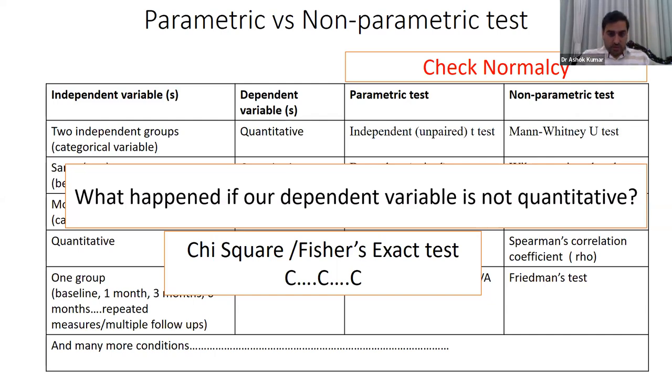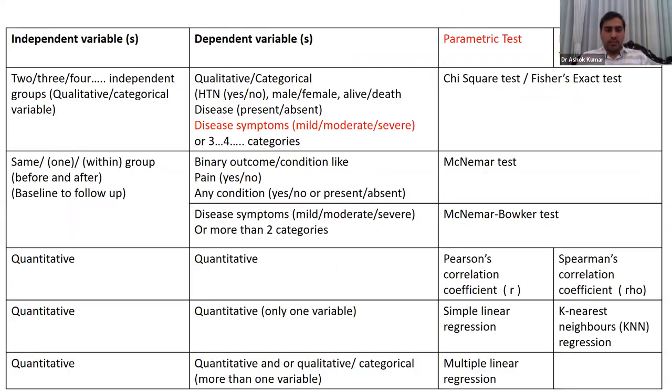Okay, so these are the other scenarios for chi-square test. If there are 2, 3 or 4 independent groups, these are the independent variables, and the nature is qualitative or categorical. It may be 2, 3 or 4. And our dependent variable is also qualitative or categorical.